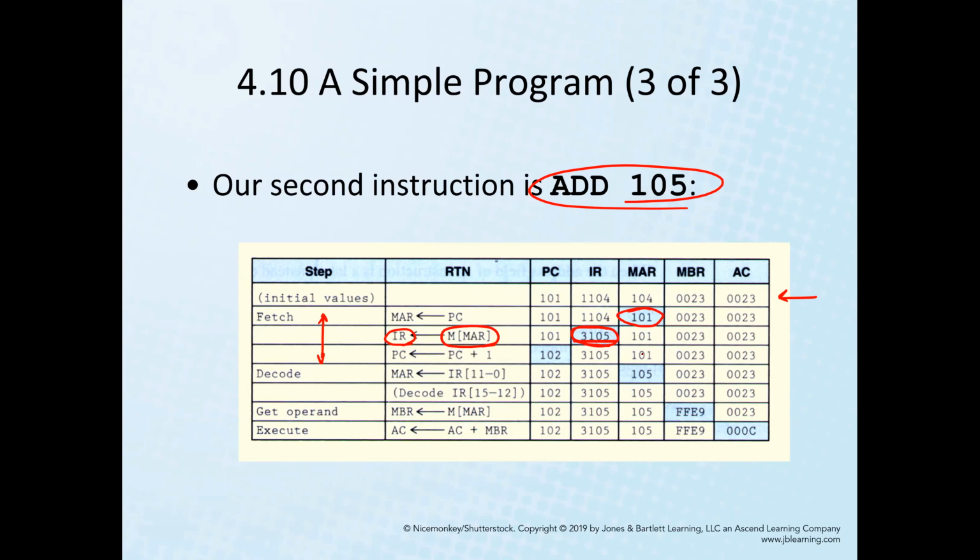Then the last step of the fetch cycle is increasing the PC by 1. So the PC at this moment is pointing to the next instruction, which is 102. Okay, we're done with the fetch cycle. Questions? No question? Okay.